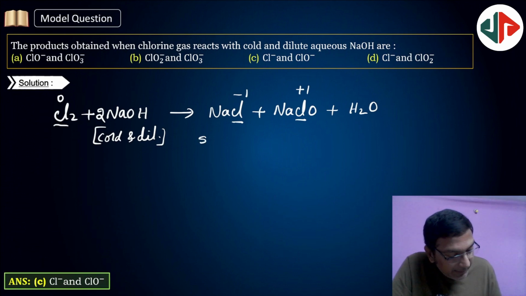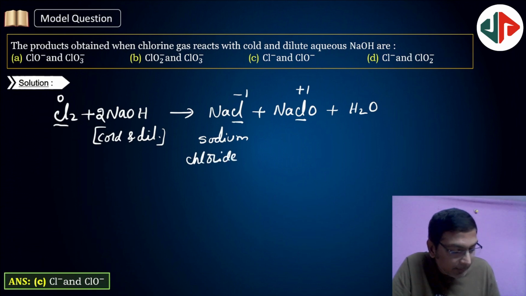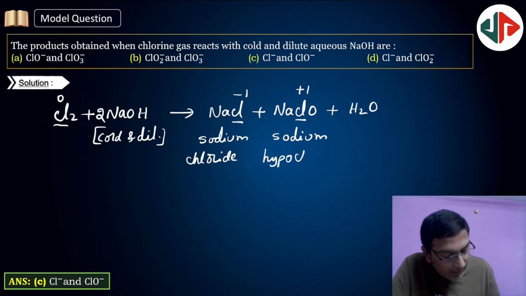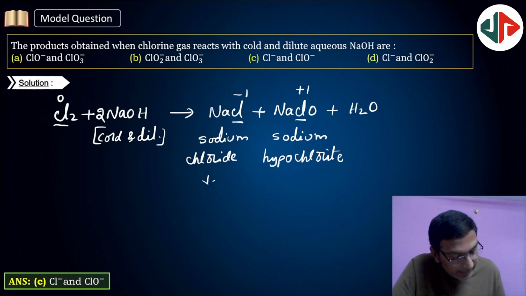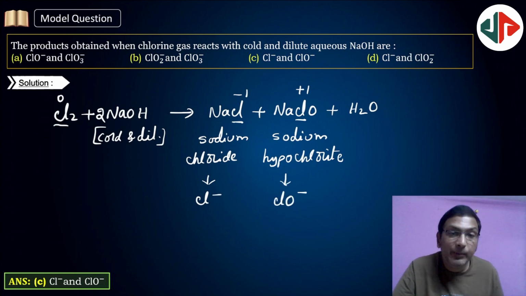So this is sodium chloride and this one sodium hypochlorite. So in this ion will be Cl minus and in this ion ClO minus. Hypochlorite ion and chloride ion.